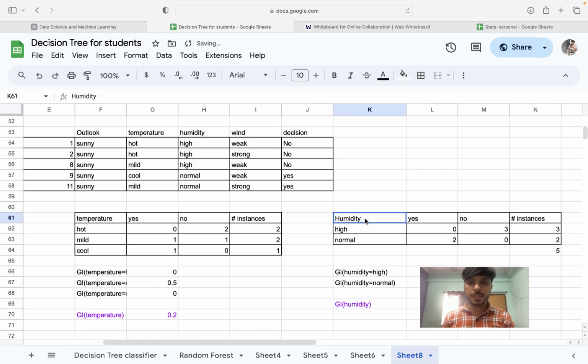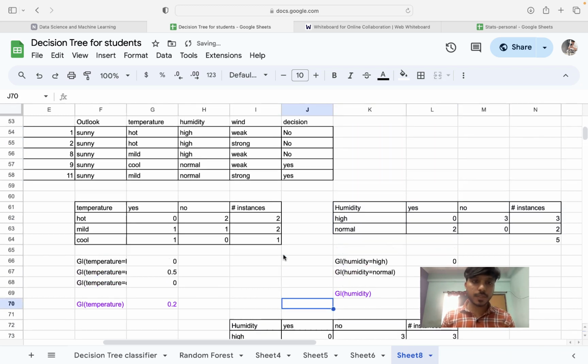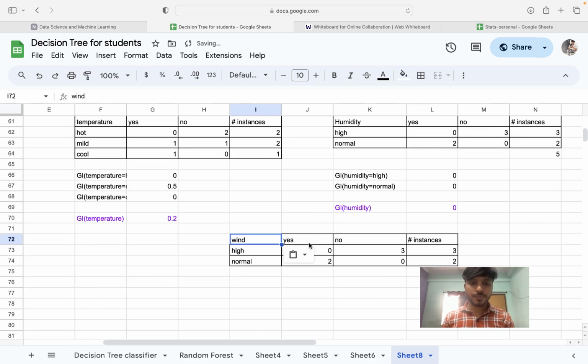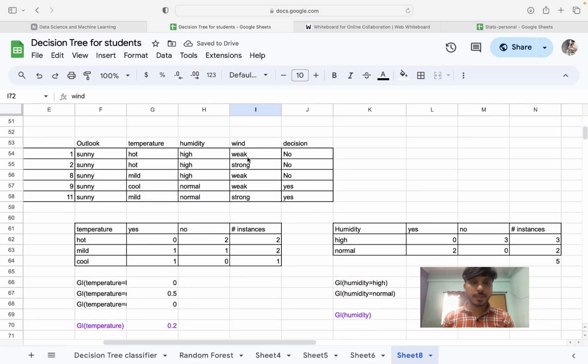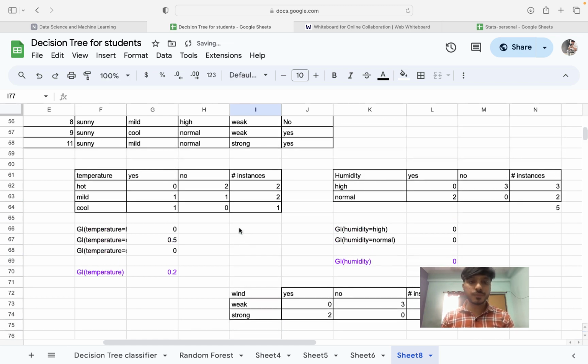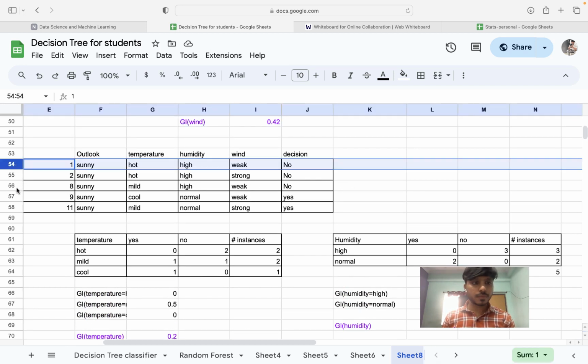Let me calculate the Gini impurity of wind now, this one last. After that I'll stop and directly show you what happens next. So wind: yes, no, total instances, weak and strong. When it is weak, there are 3 instances, 1 yes and 2 no's.